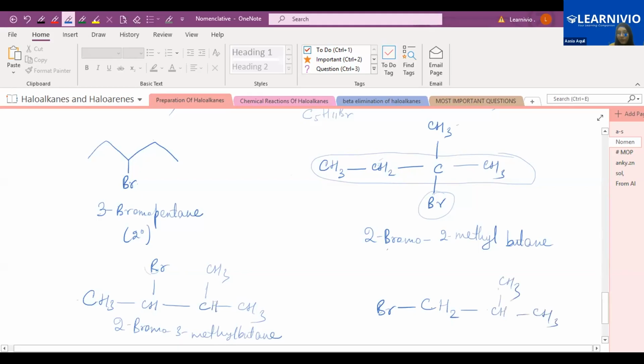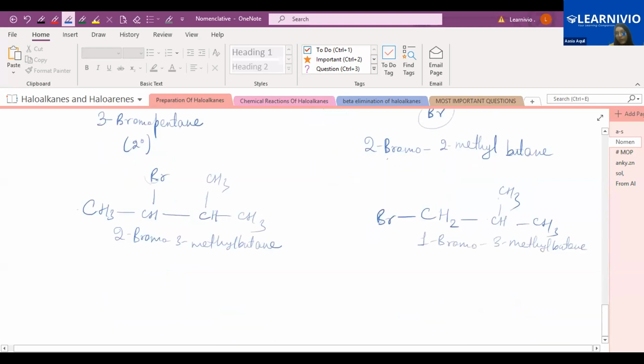Okay, another isomeric form. What is the name of this? 1-bromo, and on the third position there is a methyl group, 3-methylbutane. Yeah. So butane we have done.